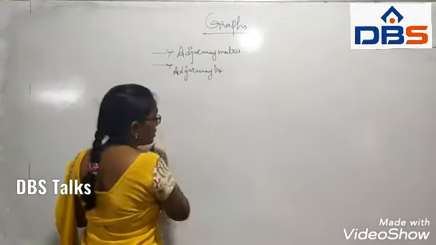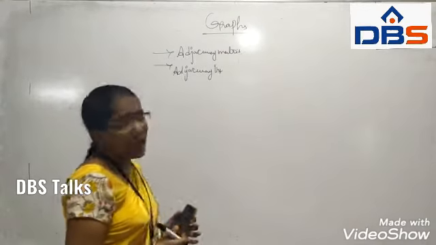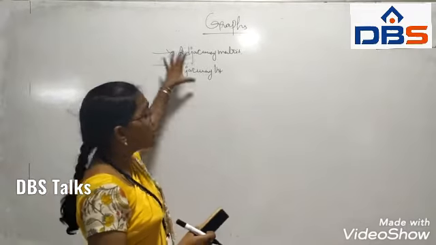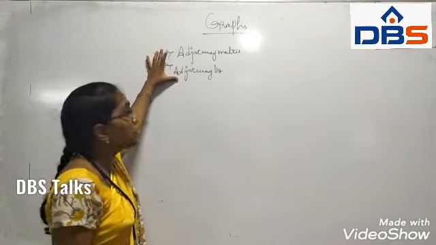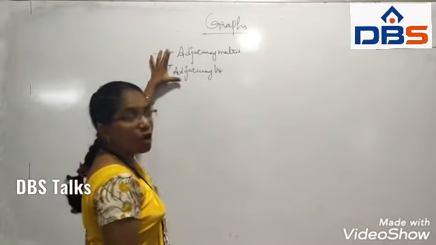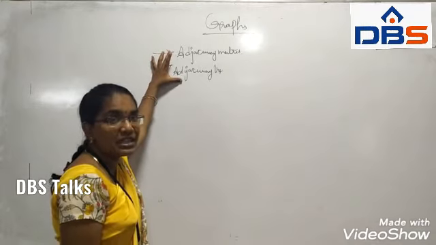There are many ways we can represent a graph, but these are the most used ways. Let us see one example of how we represent a graph using the adjacency matrix.